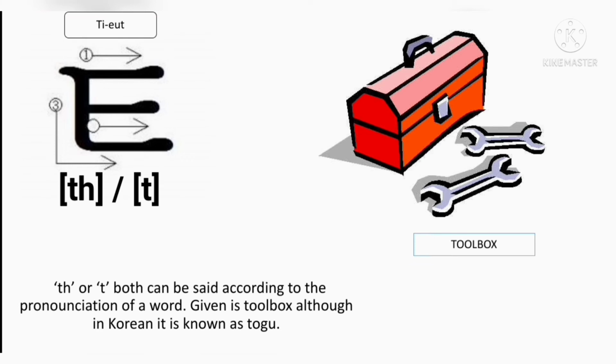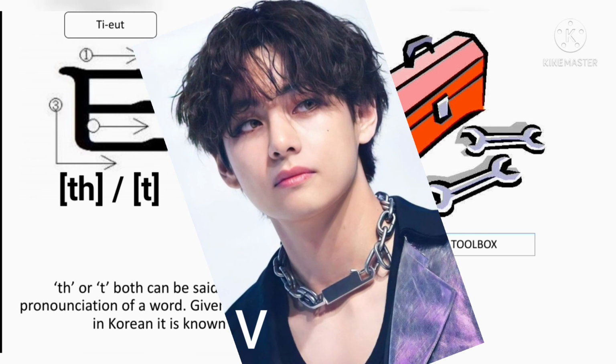And this one is tiat. So this is t and t. Okay, this is t and t both, but usually it is th. It's like th. Like you must have known BTS V, whose real name is Taeyong.